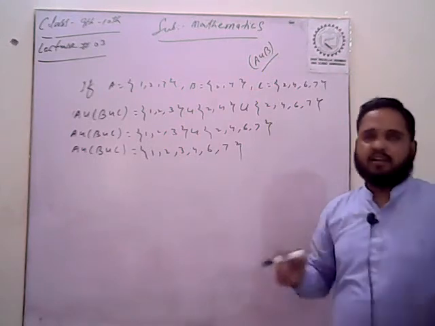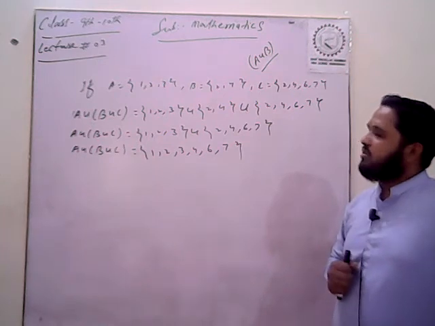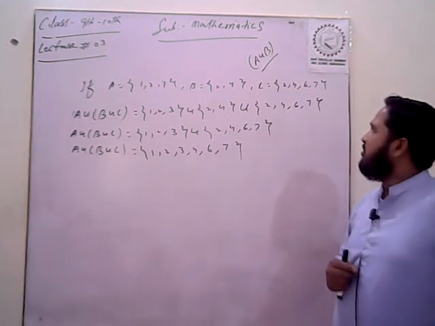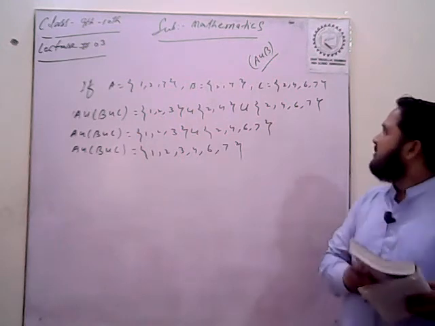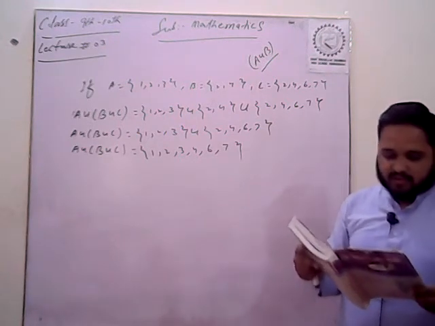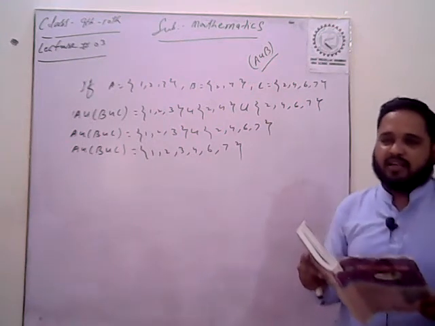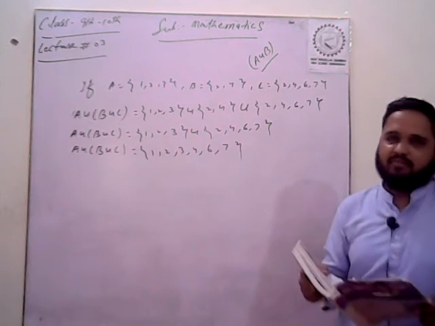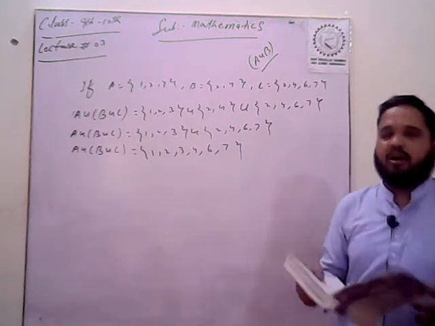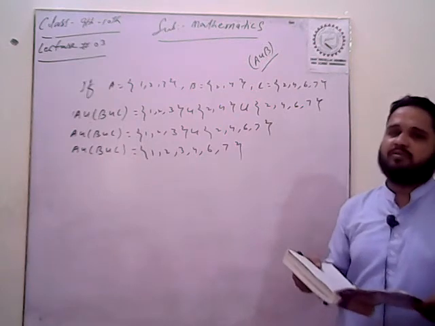For example, A is equal to {1, 2, 3}, B is equal to {2, 4} and C is equal to {2, 4, 6, 7}, which means those elements which are contained in A, maybe B, or both. This is the definition of union.